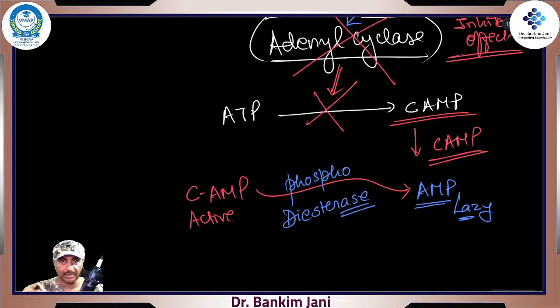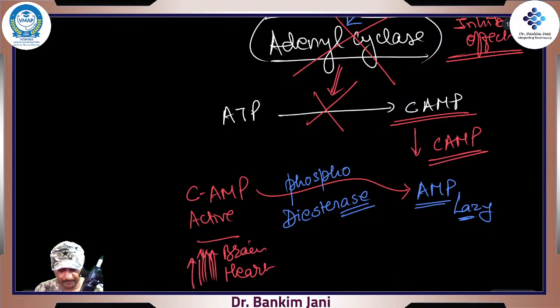It is keeping the heart rate up, keeping the brain alert, keeping everything on high alert. But when cyclic AMP is circulating, very soon phosphodiesterase comes into the picture and removes it. So once again, it is subdued.